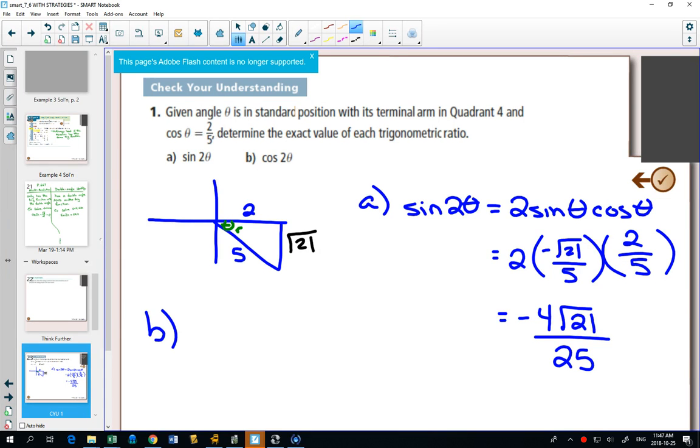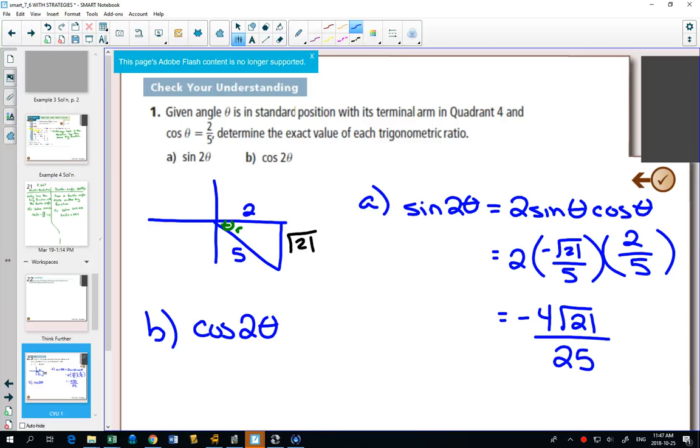Part B asks us to find cos of 2 theta. And you have choices of 3 formulas. And all 3 formulas will give you the right answer. However, one of them I would say is better to use in this situation than the others. So of the 3 formulas, we have cos squared alpha minus sine squared alpha, 1 minus 2 sine squared alpha, and 2 cos squared alpha minus 1.